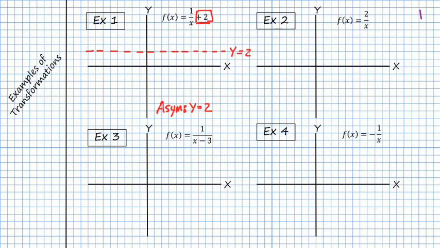Now, we didn't shift any at all right or left, so our vertical asymptote is going to remain at x equals 0. Interesting. So let's go ahead and plot a few of our original points and then transform them and see what this transformation will look like.